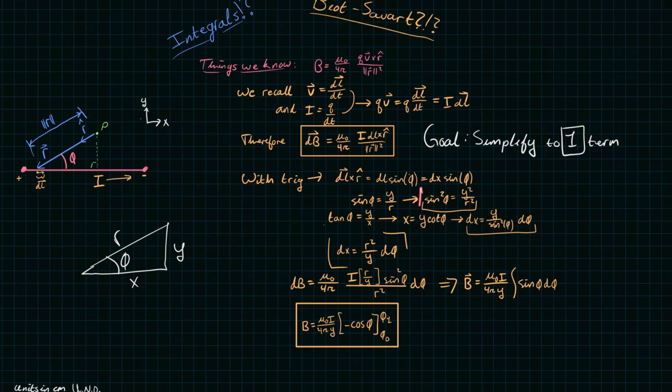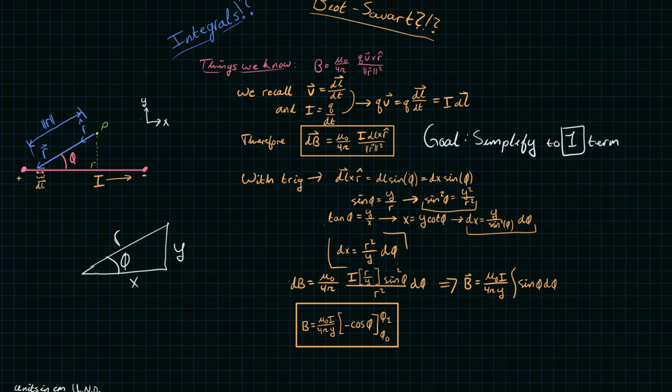And then if we square that, we get sine squared, which is equal to y squared over r squared. That'll make sense in a second. Tangent theta is equal to, TOA, opposite over adjacent. So y over x.